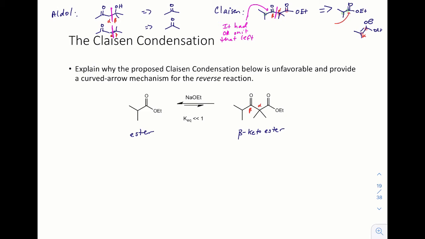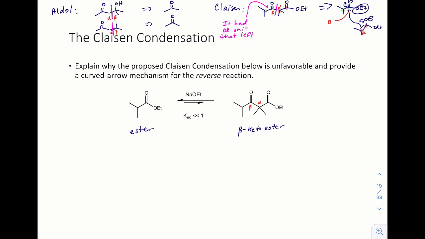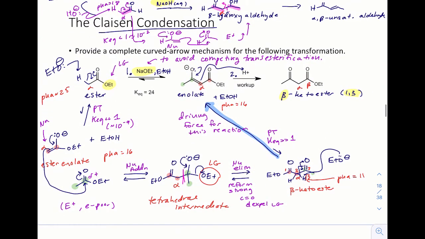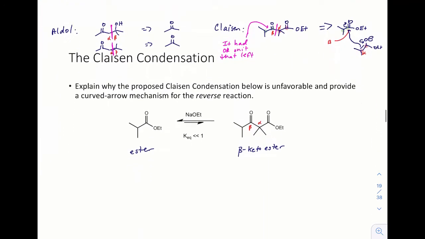This carbonyl carbon of the neutral compound becomes the beta carbon in the product. And here's the key carbon-carbon bond forming step. Okay, then the nucleophile elimination occurs to expel ethoxide just as we showed down here. Okay, so you can go through and draw the whole mechanism yourself if you need to.